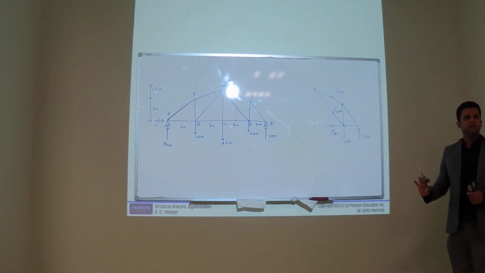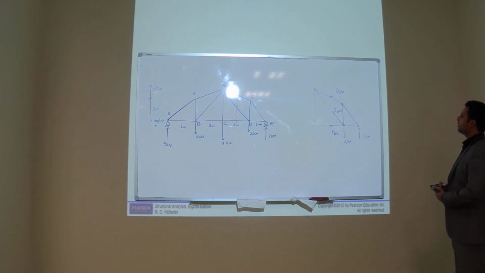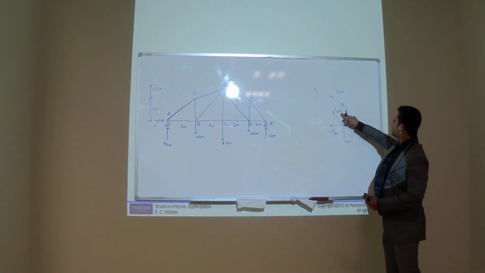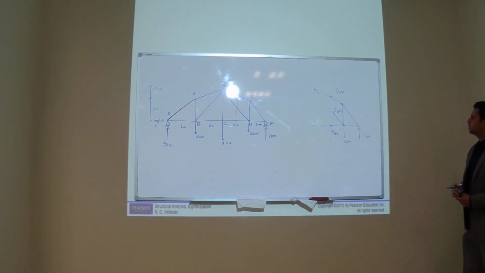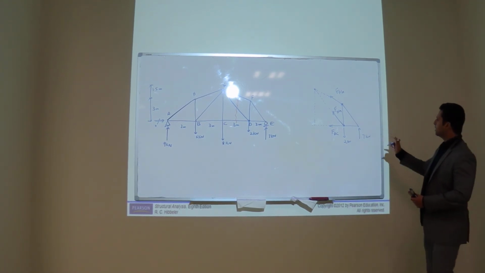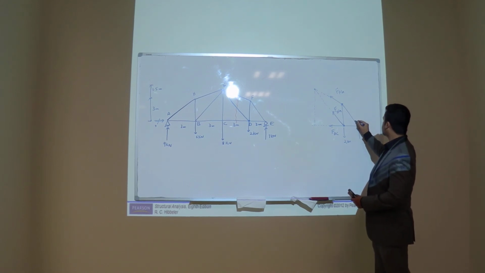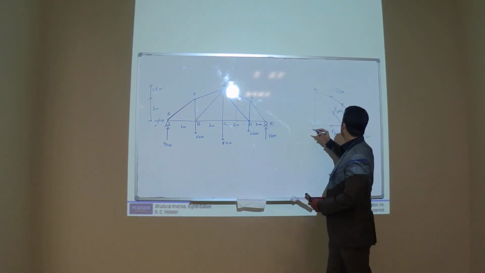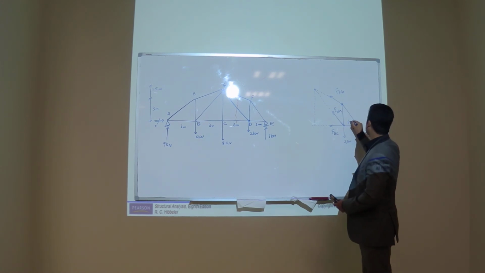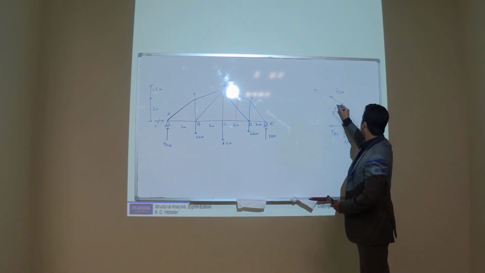Do you understand till now? Next we have to find the forces FG and FDG. But before we solve this truss, let's decide the angles. How much is this angle? This is 3 meters, 3 meters, so it should be 45 degrees. And this angle?